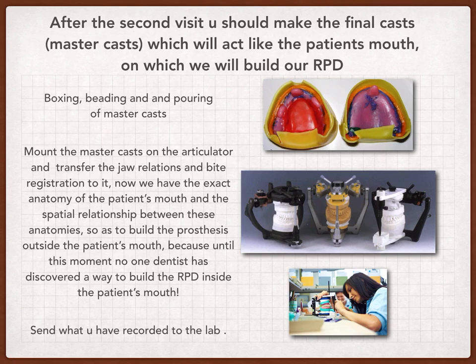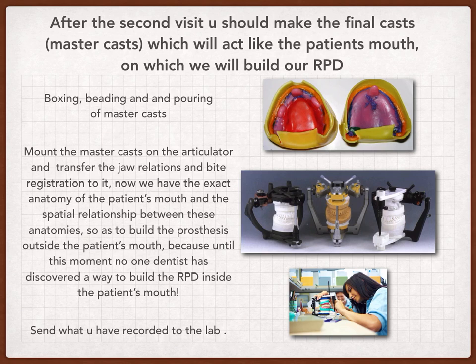By the impression taking procedure, we have taken the copies of the two jaws of the mouth, and then by the face bow and bite registration procedures, we have taken the relationship between these two jaws.